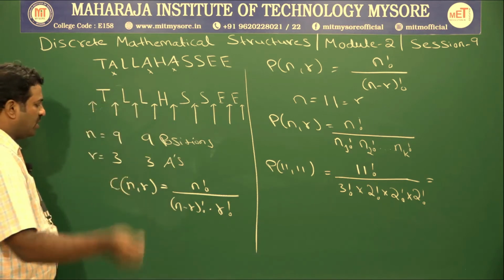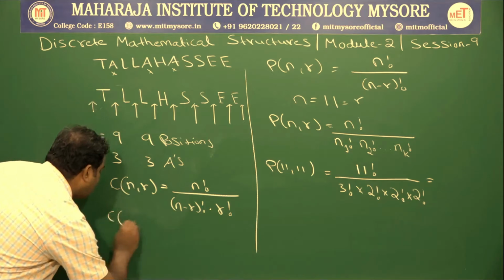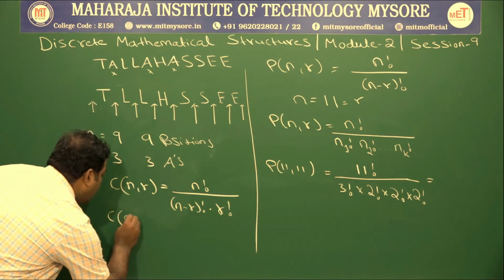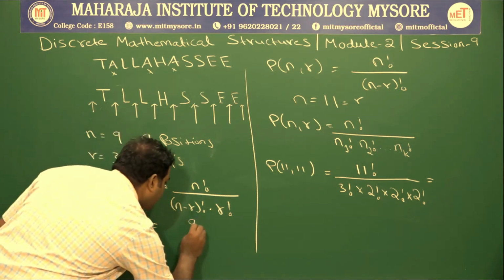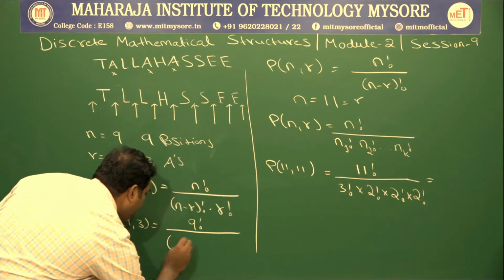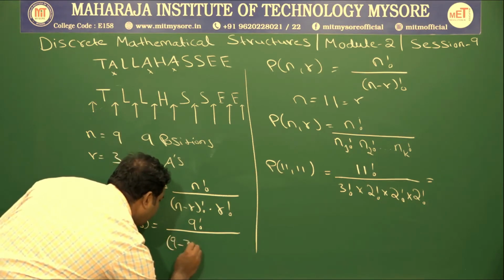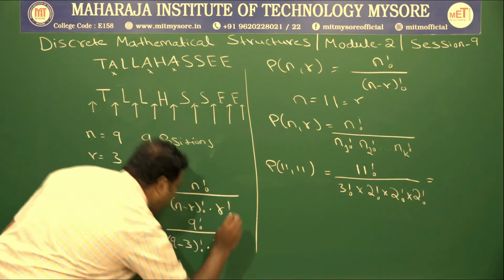So now you know the value of n and the value of R. Hence I am going to substitute 9 comma 3, which is equivalent to 9 factorial divided by 9 minus 3 factorial into 3 factorial.